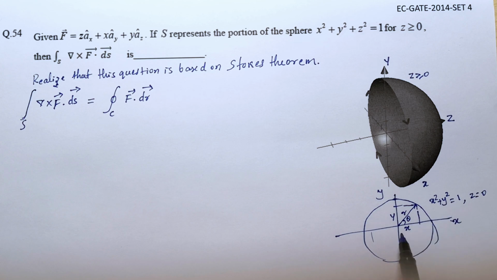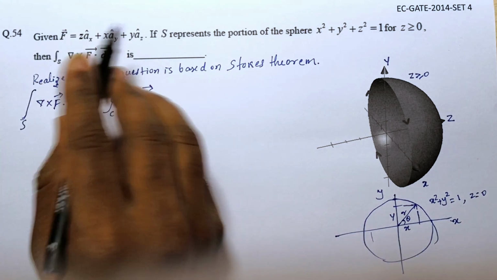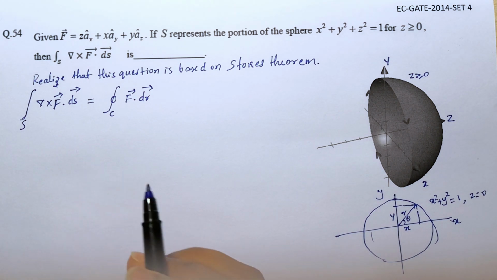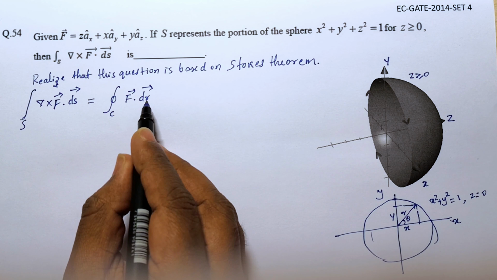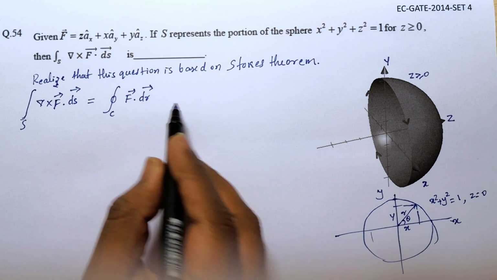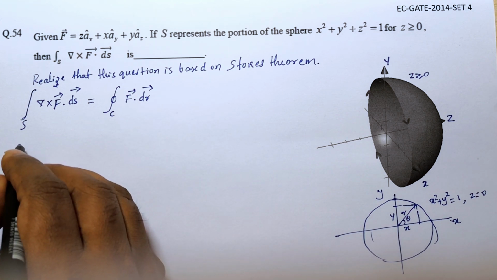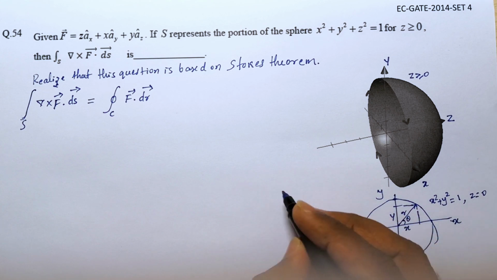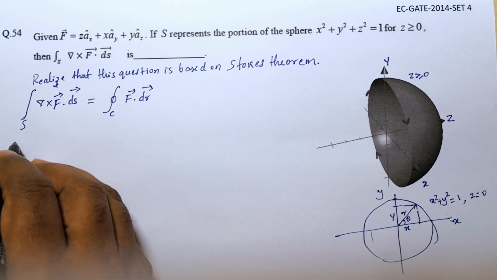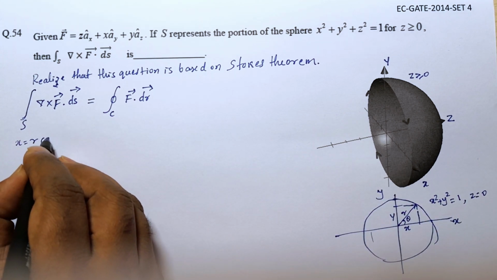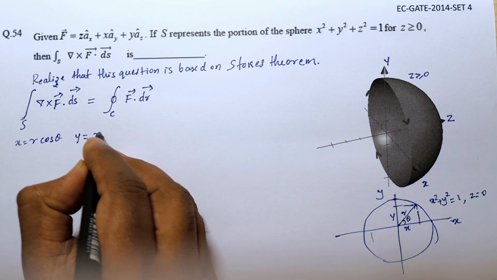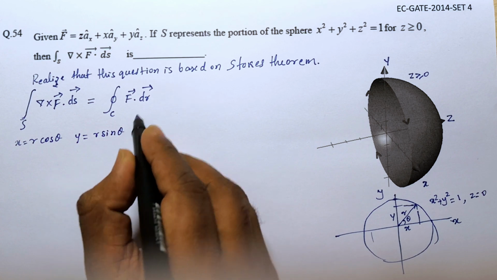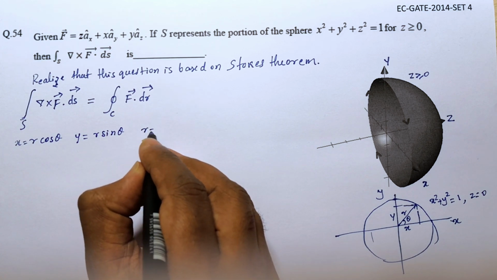Now let's convert this problem into spherical coordinates. First I will write F dot dr in spherical coordinates. From this we can write that x is equal to r cos theta and y is equal to r sin theta, but the radius r is equal to 1.